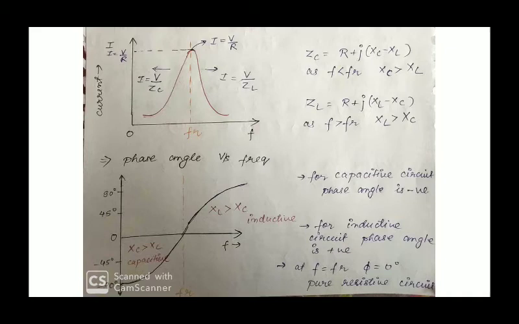Similarly, for frequencies greater than the resonant frequency, XL is greater than XC, so we get a positive phase angle, and the maximum positive phase angle is 90 degrees for a pure inductor. At the resonant frequency, the phase angle is 0 degrees, that is, we get a pure resistive circuit.